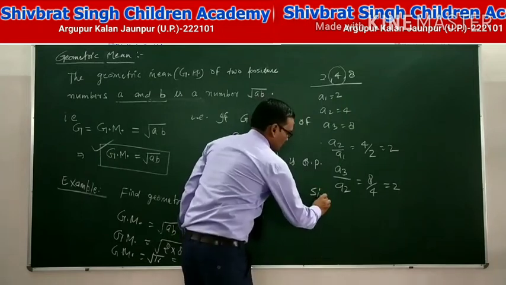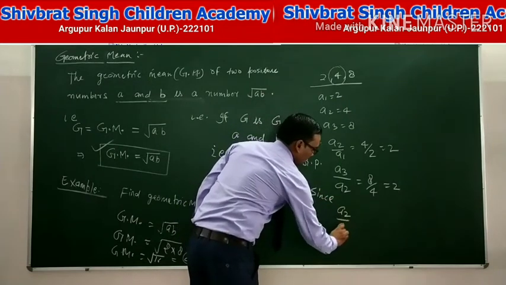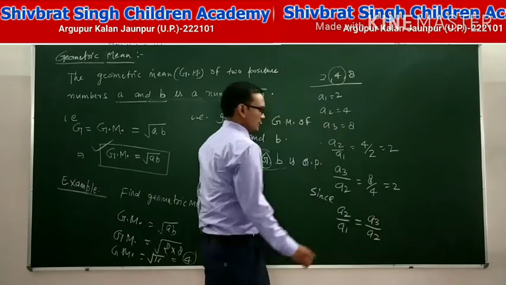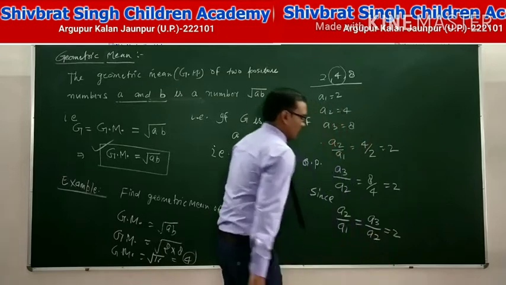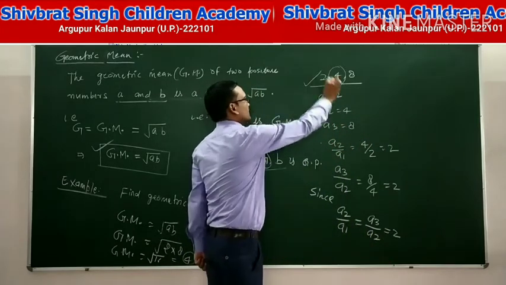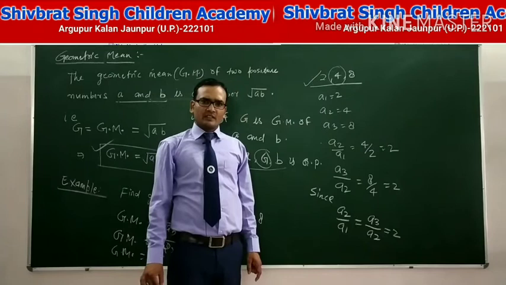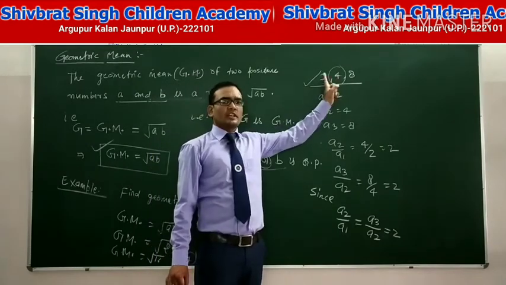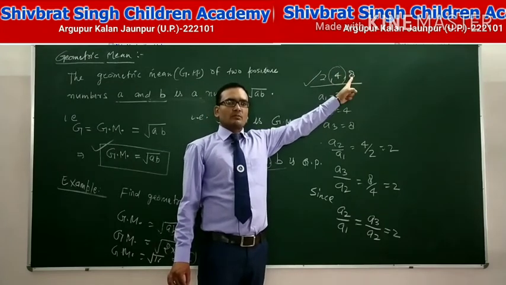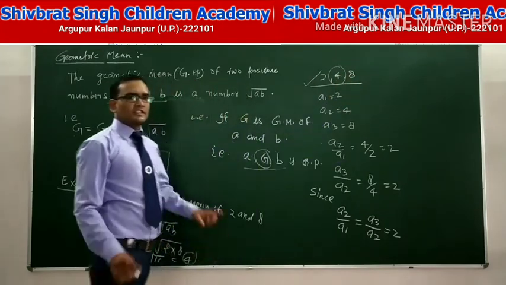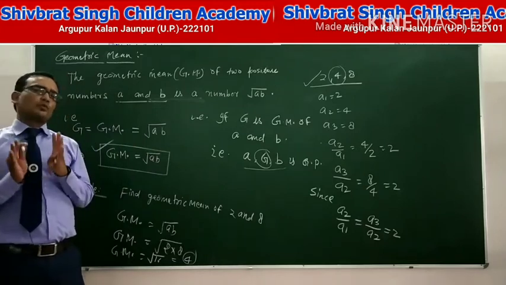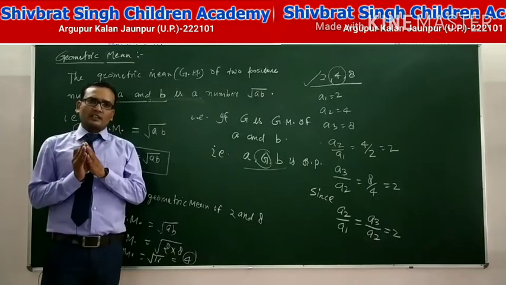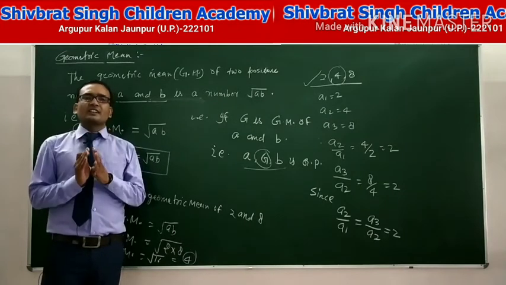Since A2 upon A1 equals A3 upon A2 equals 2, therefore this sequence is a GP. Hence we can say that 4 is the geometric mean of two positive numbers 2 and 8. What is the geometric mean? Geometric mean of two numbers is the number between the two numbers which makes the resulting sequence a GP.